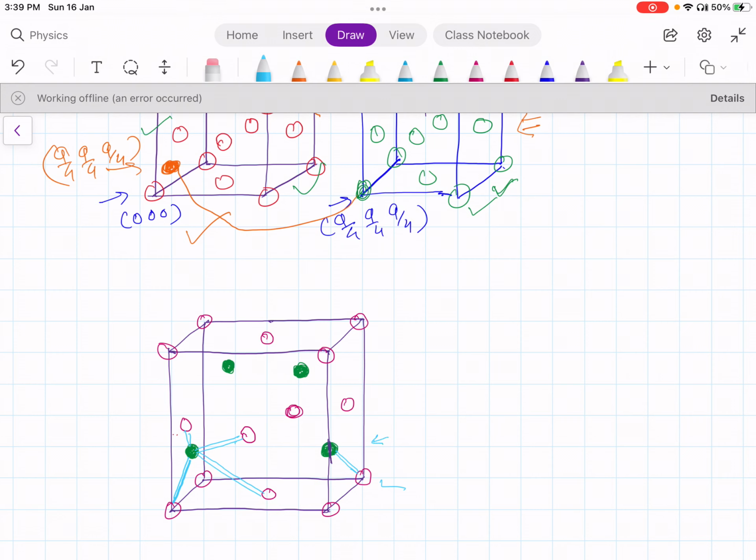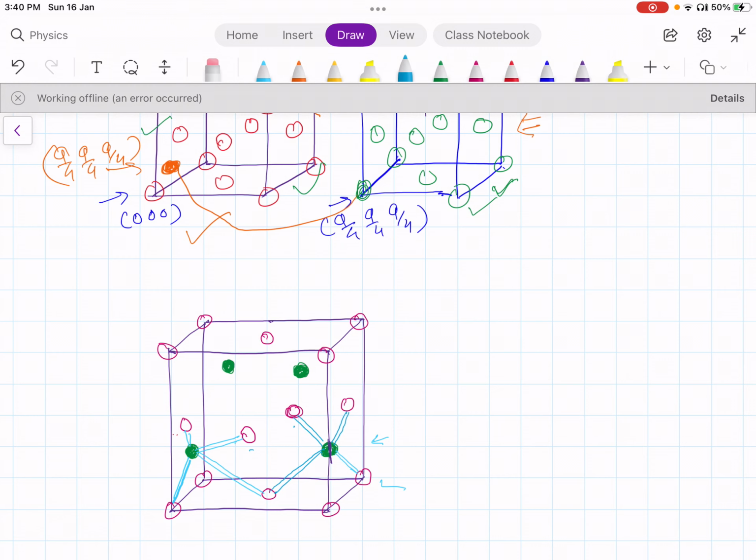So this atom is close to the backside surface: one covalent bond with the corner, then this would be the nearest one. And this is close to the backside surface, so it forms the fourth covalent bond with the face center atom of the backside surface, not with this, with this.